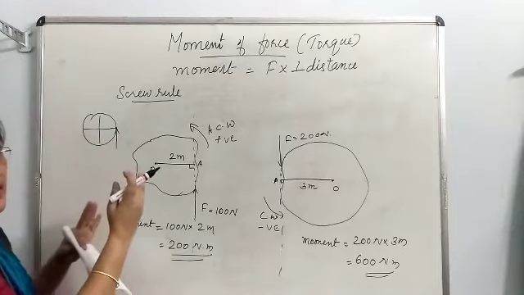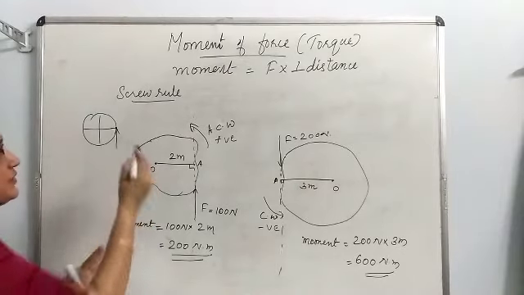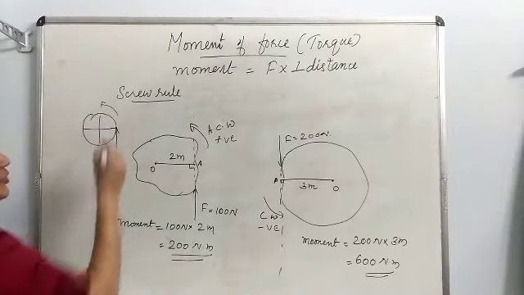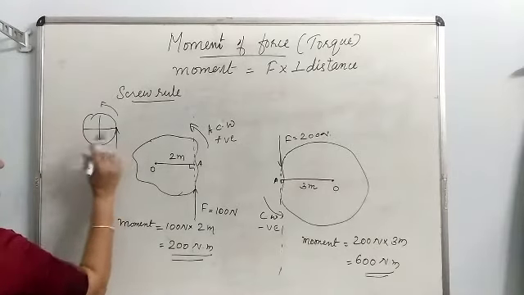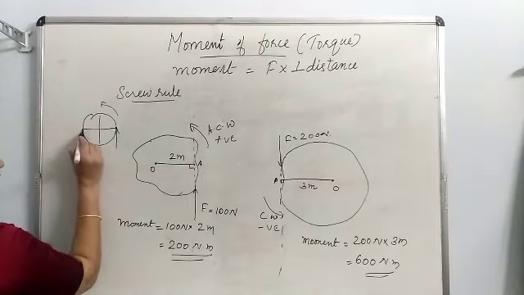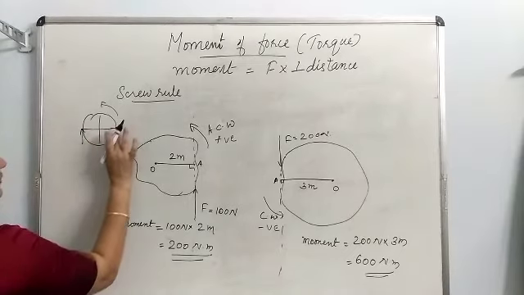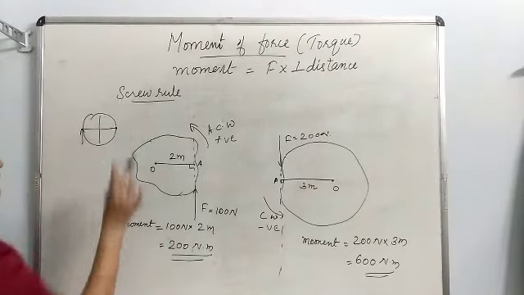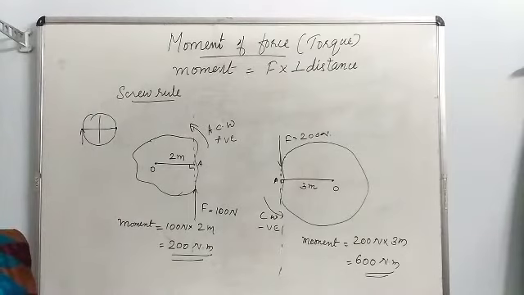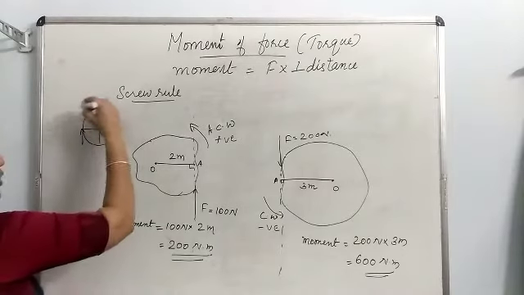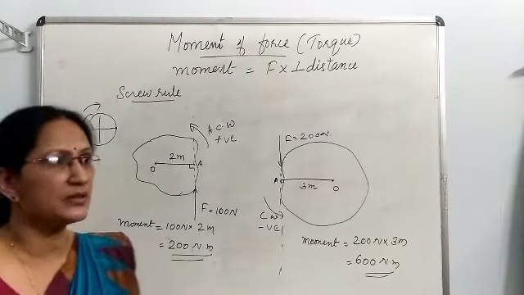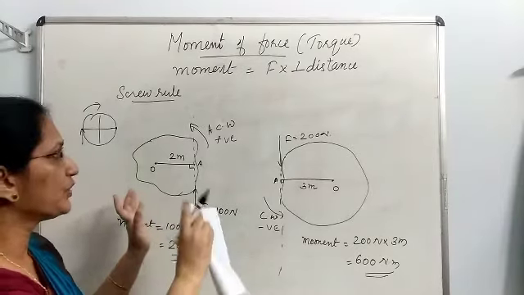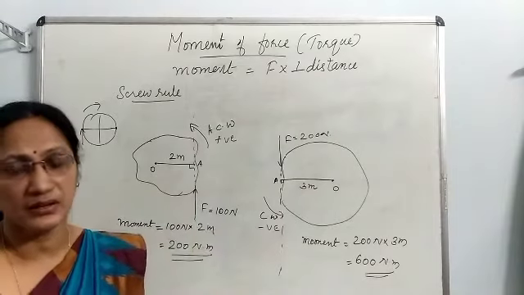Can you tell in which direction the screw will turn? It will turn anti-clockwise. Then if force was here at this point in upward direction, what will happen to the screw? In which direction it will turn? Clockwise. So this is the way to apply screw rule. This rule will help you to know in which direction the body will turn.